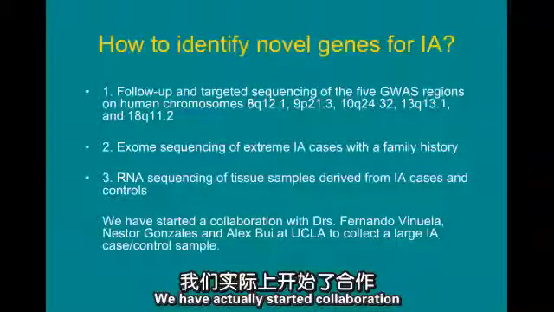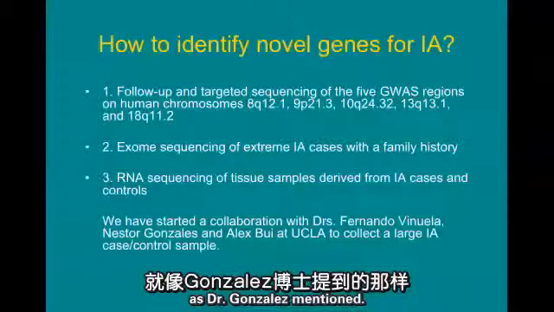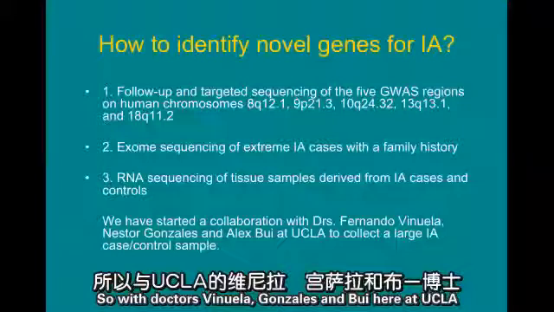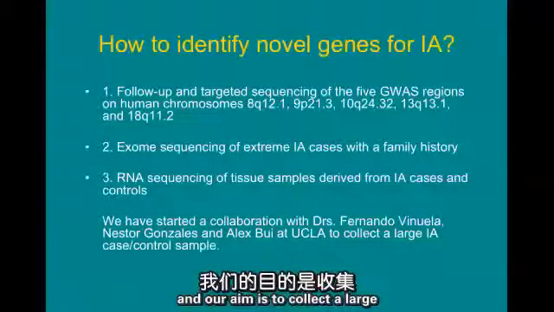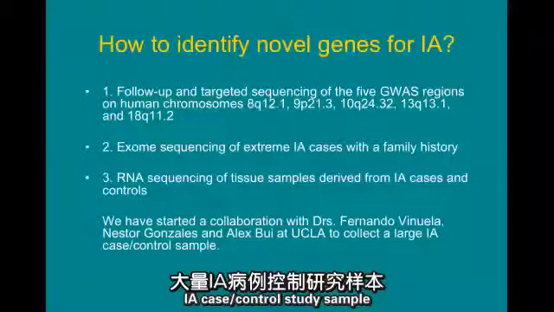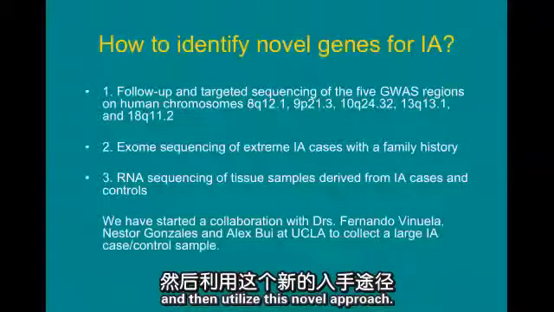And we have actually started a collaboration, as Dr. Gonzalez mentioned, with Drs. Vinuela, Gonzalez, and Bui here at UCLA. Our aim is to collect a large IA case-control study sample and then utilize these novel approaches.